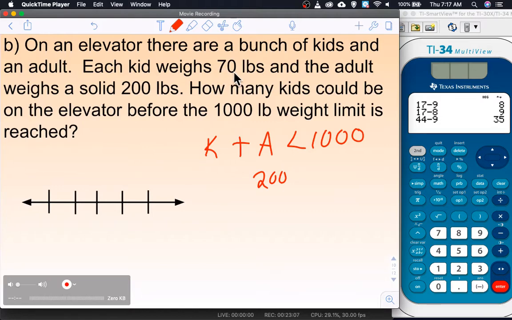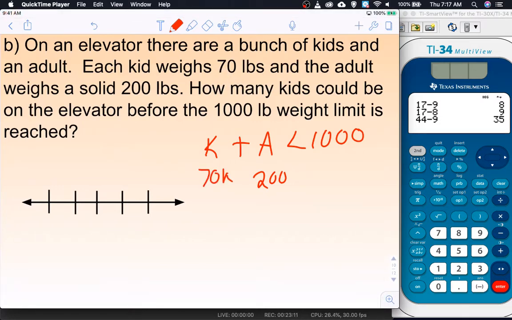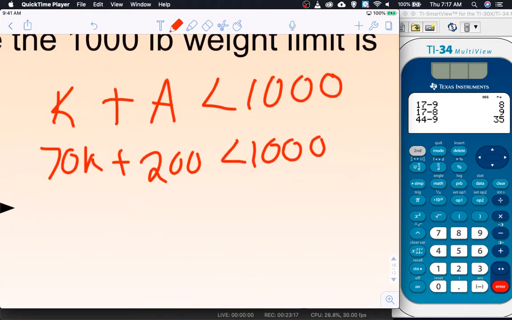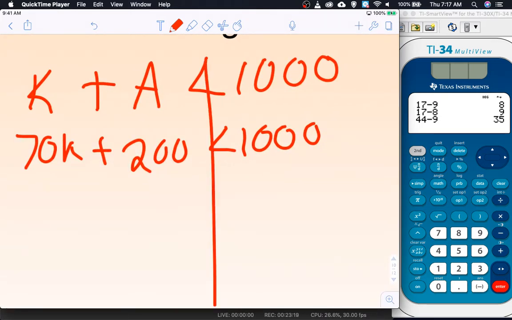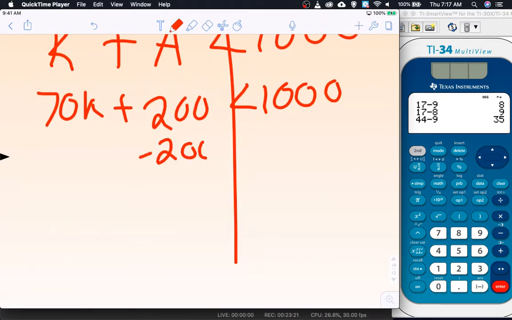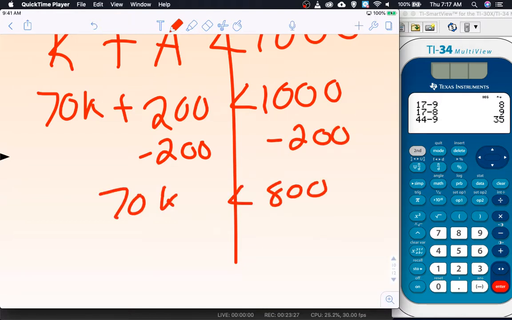And the kids are 70 pounds each. So 70 per kid plus a 200 adult. We want that to be less than 1,000 pounds. All right. And we solve. So we subtract 200 on both sides. Divide by 70 on both sides.